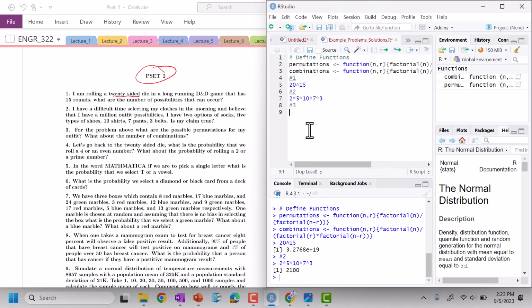So our total n, let's do permutations first, will be 2 plus 5 plus 10 plus 7 plus 3. Those are my total options, and I can pick for my outfit. So that is my n.